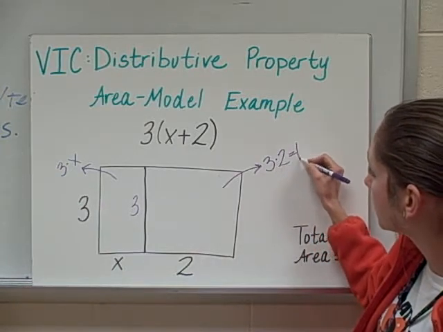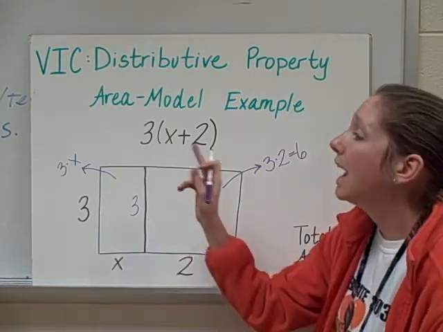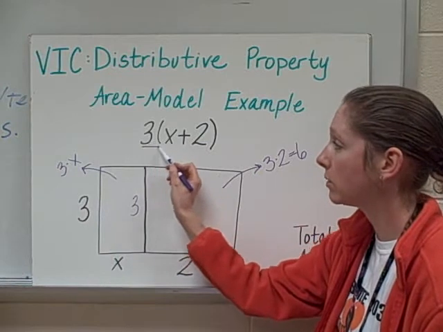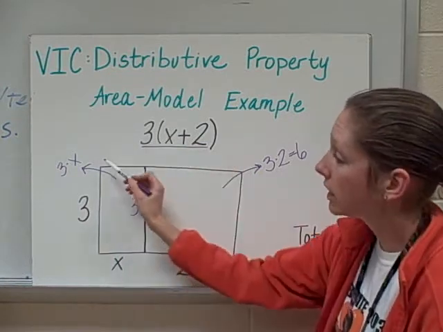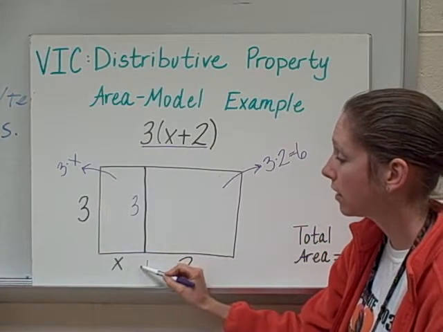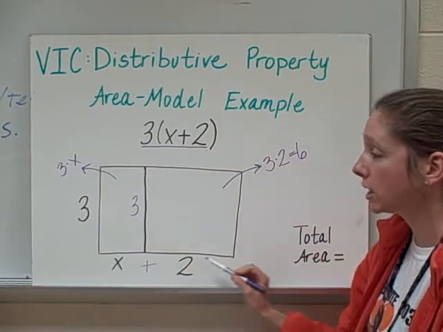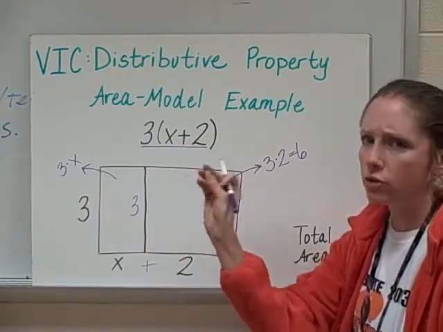which equals 6. Notice I found the area of those two rectangles, and look at what this is talking about. This is the same kind of idea. If I did 3 times x plus 2, that's another way to visualize finding the area of the whole thing. So let's bring together total area.